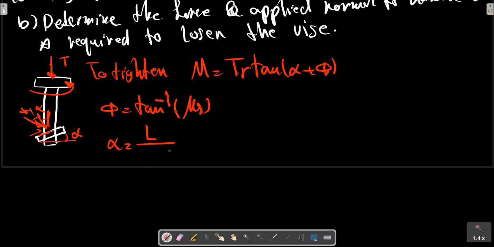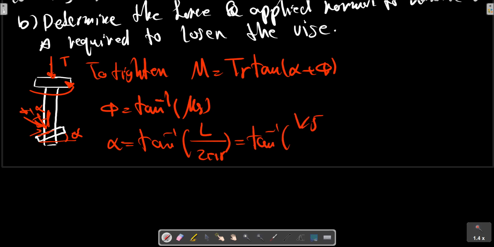The development per revolution is calculated as tangent inverse of L. And it has 5 square threads per inch, so the development per revolution is 1 on 5, and 2 pi multiplied by 1 inch.